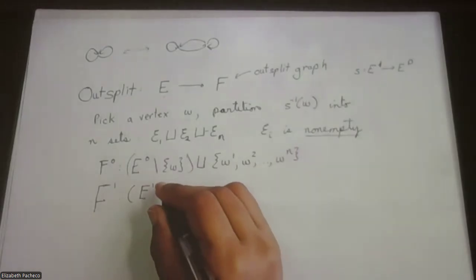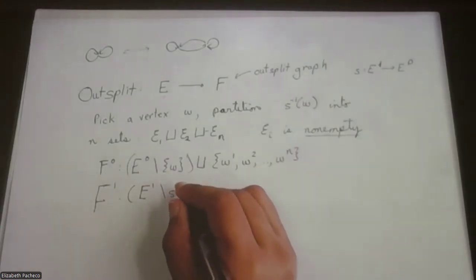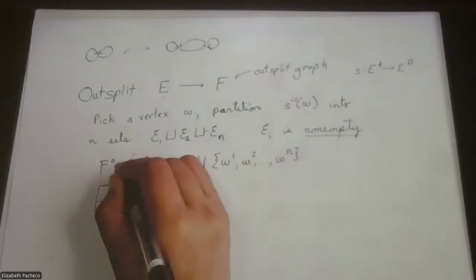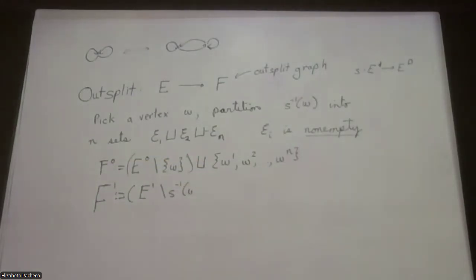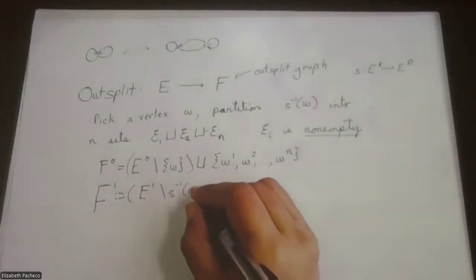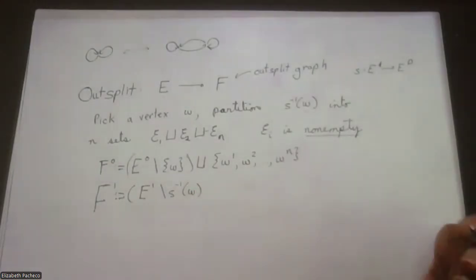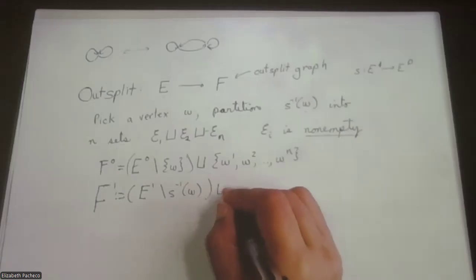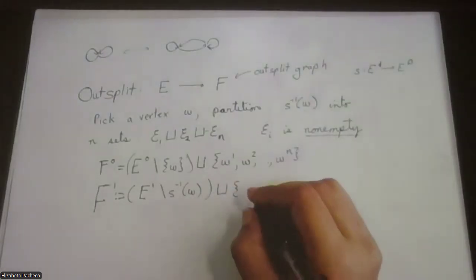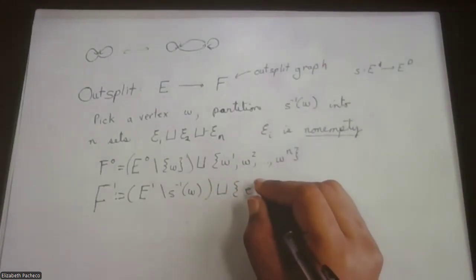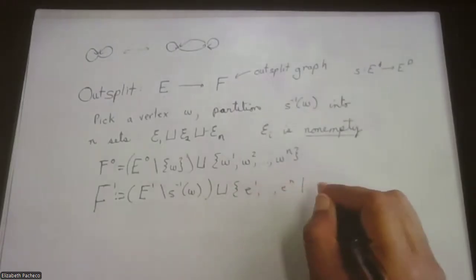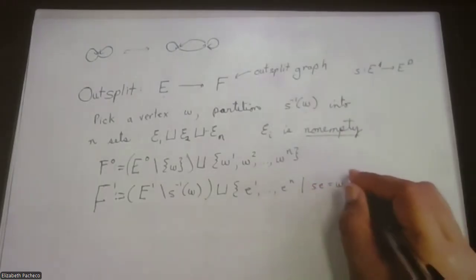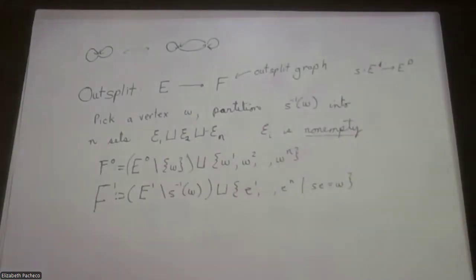F^1 is E^1 minus the arrows that end at W, that's a set, so that's fine. But then I have to union the new arrows, the epsilon_i.